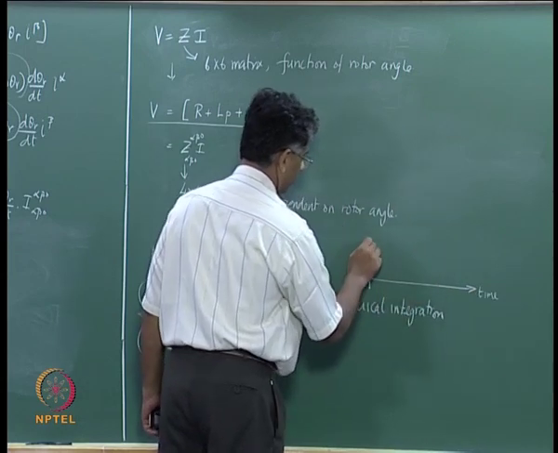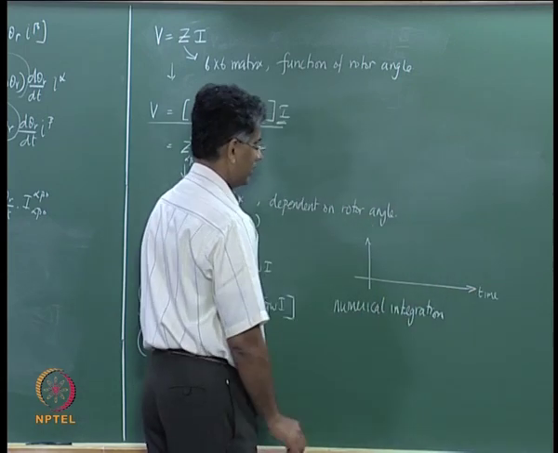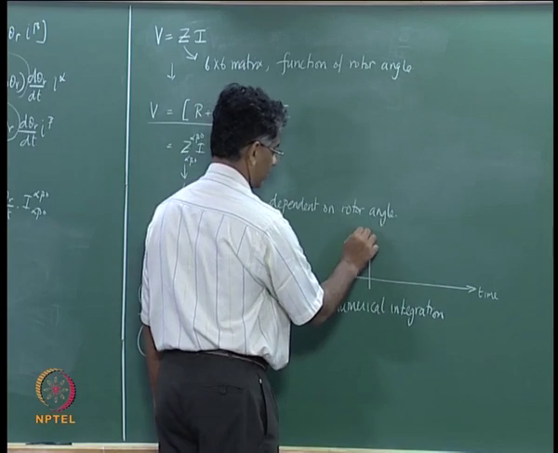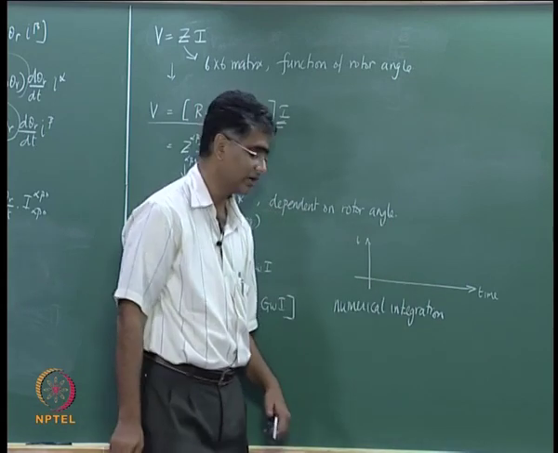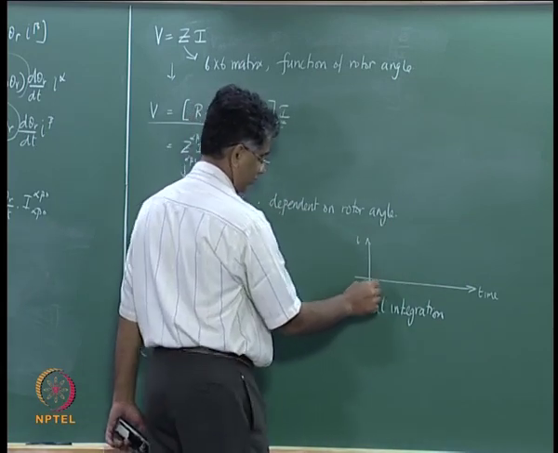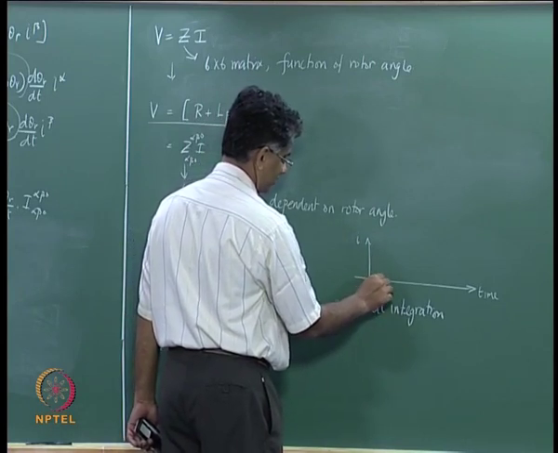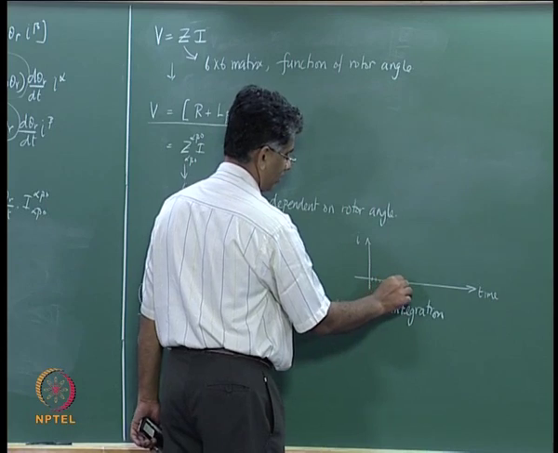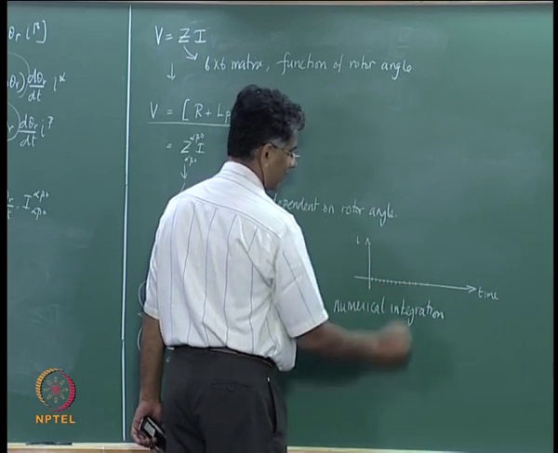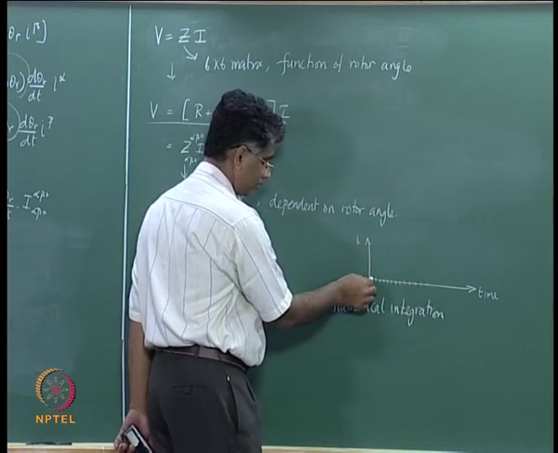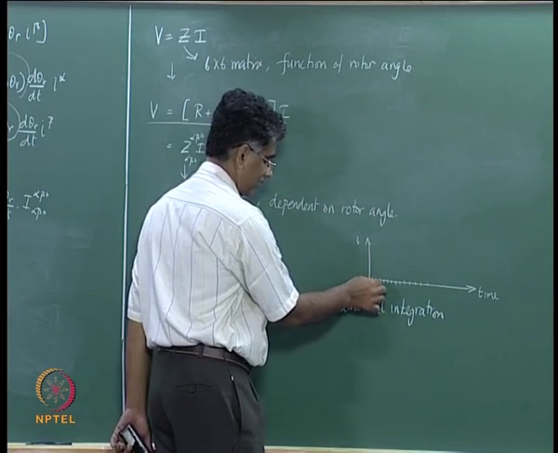Let us say you want to compute the solution, maybe some current I with respect to time. What they do is, the numerical integration algorithms consider discrete instants of time along the axis and try to estimate the solution at each instant of time.